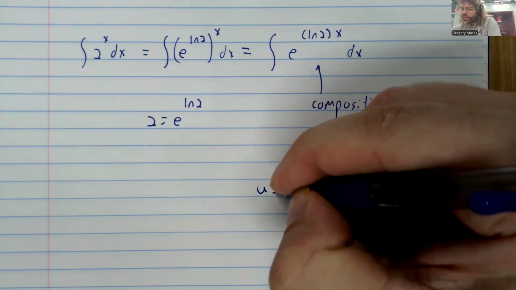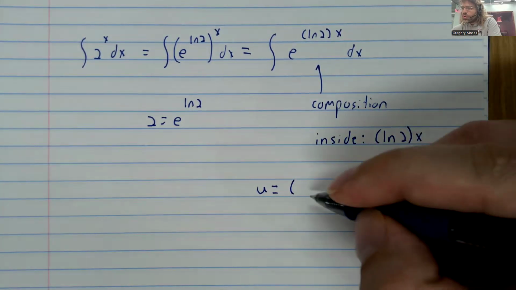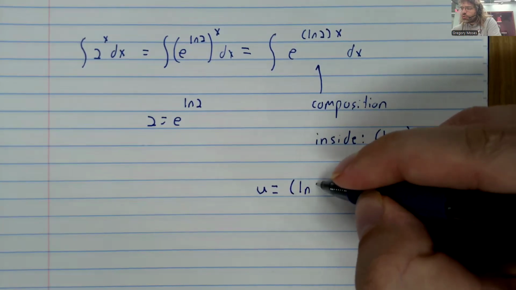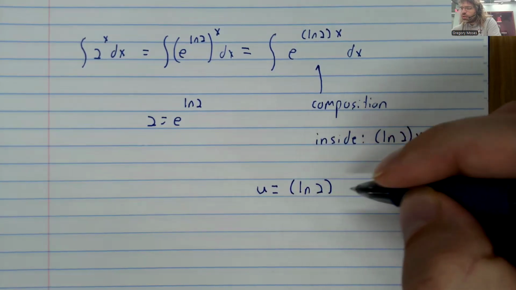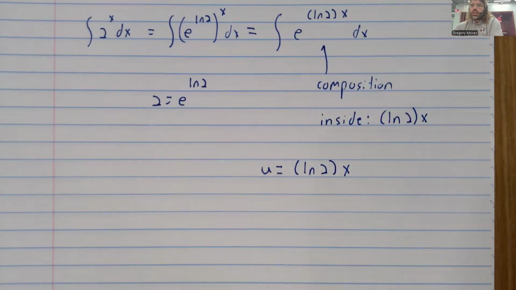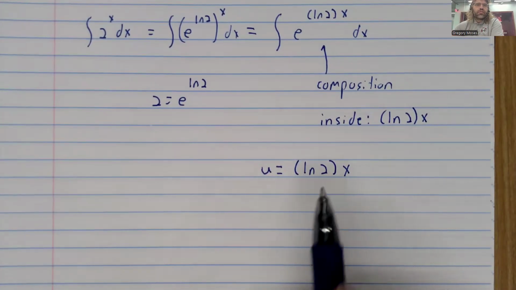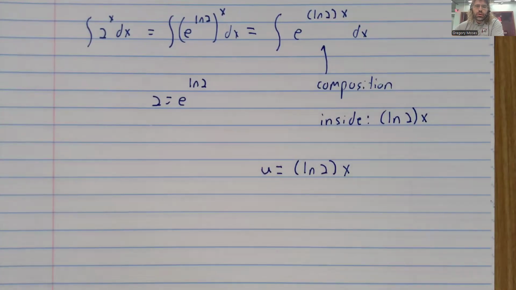And if we did a substitution, and let u be the natural log of 2 times x, don't get intimidated or confused. The natural log of 2 is just a number.